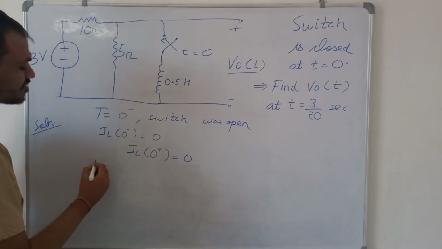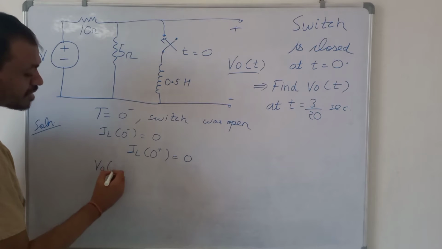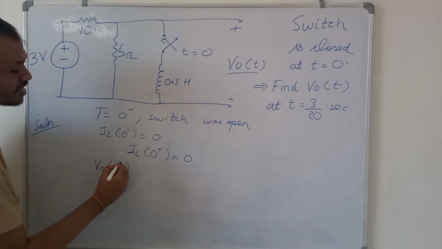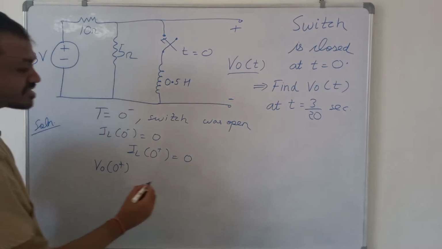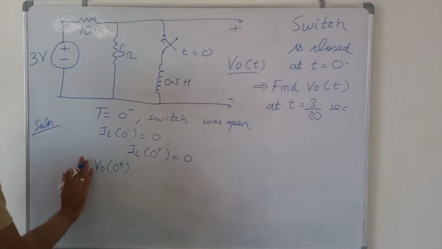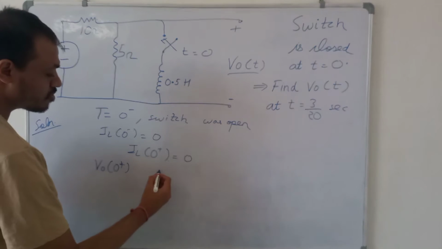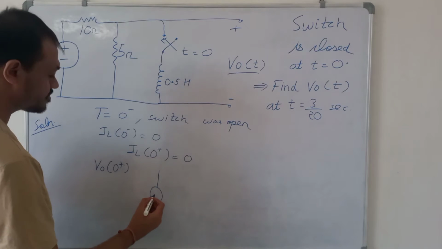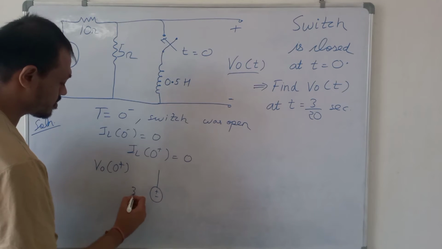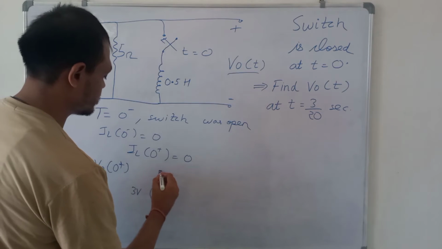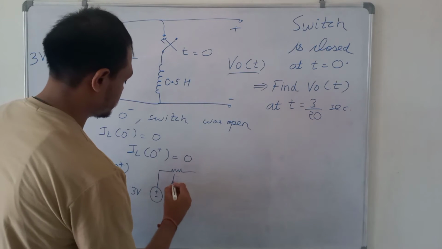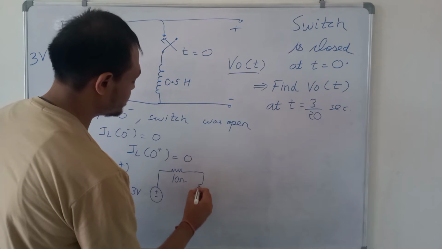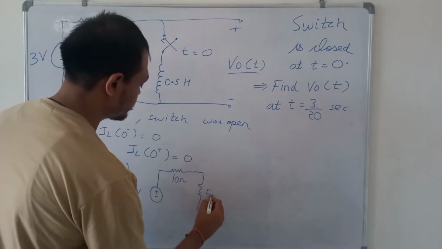Now we have to find V naught at 0 plus. So at t equal to 0 plus, this circuit will look like this. I am drawing the circuit at t equal to 0 plus. This is 10 ohm, this is 5 ohm.